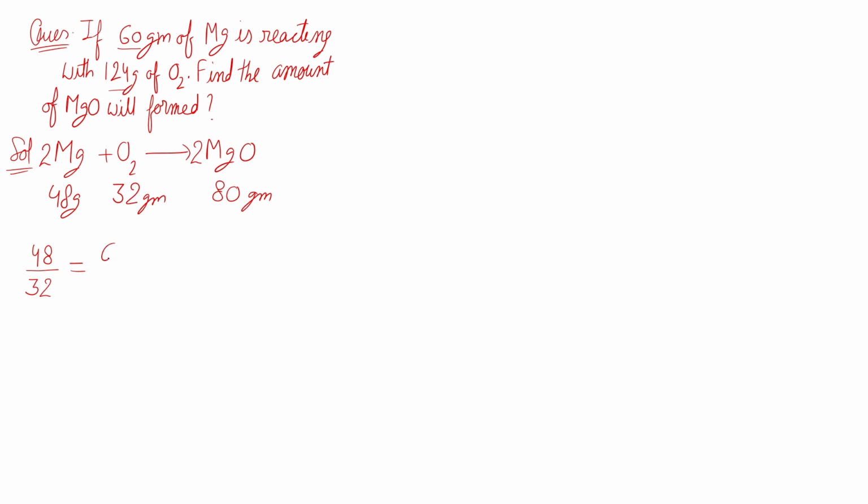Now we are assuming that all the amount of magnesium has been consumed. So what is the amount of oxygen required there? So we will find X. So it will be 60 into 32 by 48.